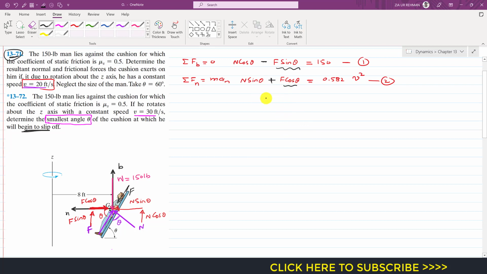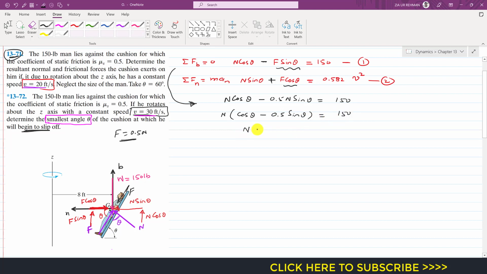Now we are given the velocity and the friction force is 0.5 N. If I put F equals 0.5 N in this equation, we will have equation 1 like this: N cos of theta minus 0.5 N sine of theta is equal to 150. If I take N common from these two terms, this will be N times cos of theta minus 0.5 sine of theta, equal to 150.